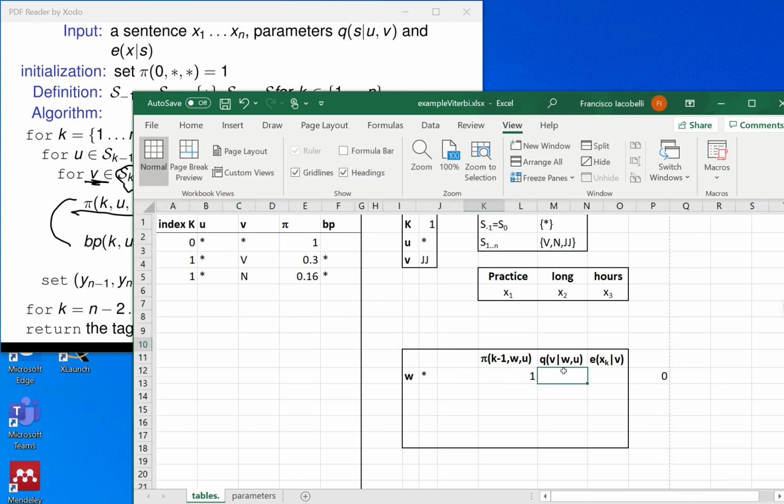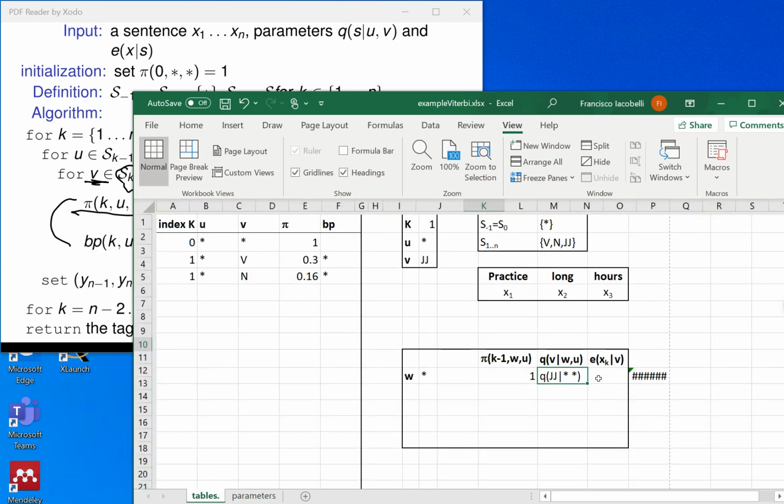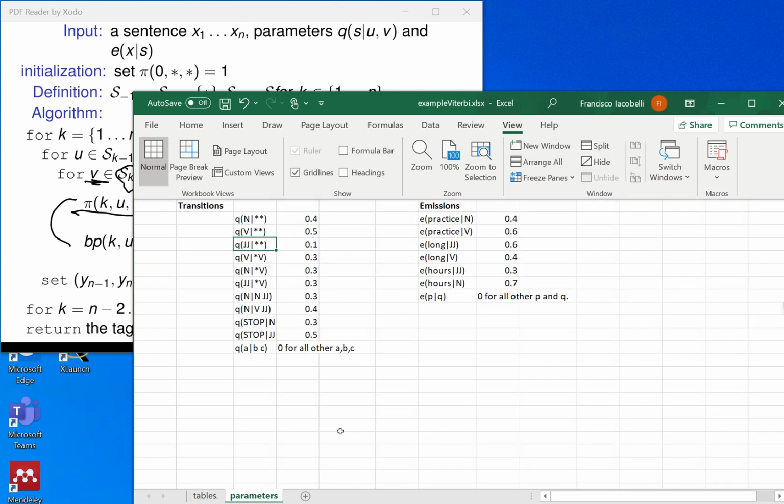Then we're going to look at Q of V, which is JJ, given W, which is a star, and U, which is a star. What is the value of JJ, star, star? JJ, star, star is 0.1. And then we're going to look at the emission of practice, which is x sub k, x sub 1, because k is 1. The value of practice tagged as JJ.